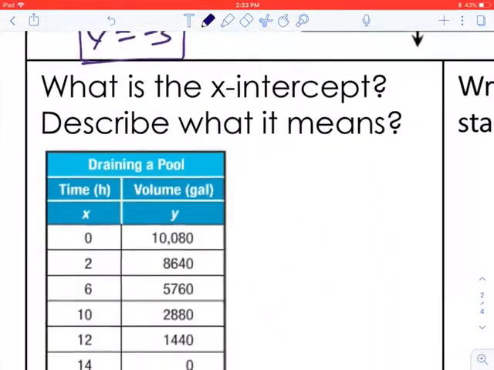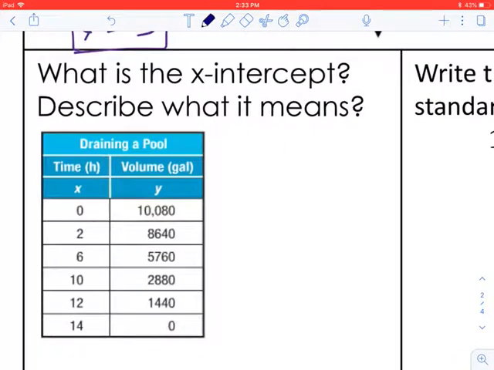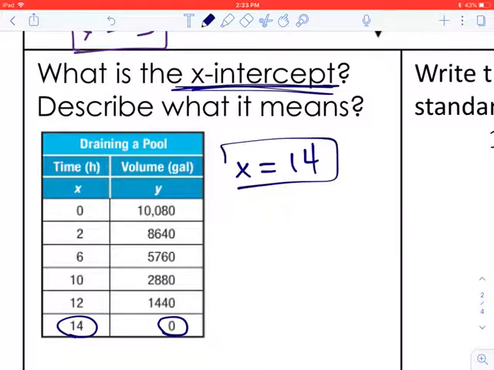Okay, so on this one, what's the x-intercept? Again, x-intercept is when the y value is 0. So the y value is 0 here, x is 14. So x equals 14 is our x-intercept. Well, what does that mean? Well, look at your situation here. I've got time in hours, volume in gallons, and we're draining a pool.